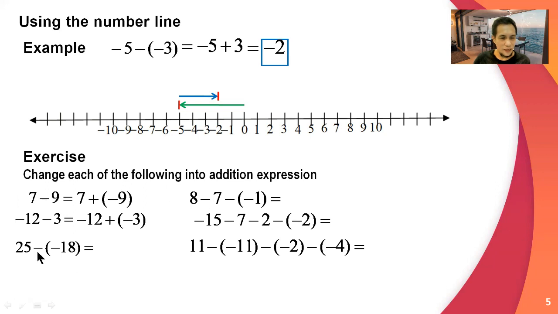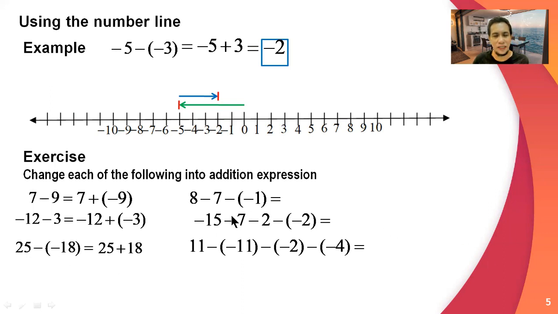Next, 25 minus -18. All right, so 25. This is subtraction, so it will become addition. So that's 25 plus, what's the opposite, or what's the inverse? +18. So this is the addition expression for the given 25 minus -18.